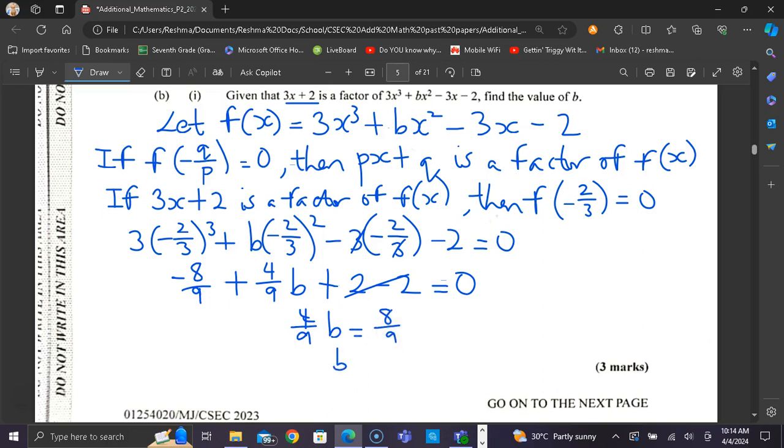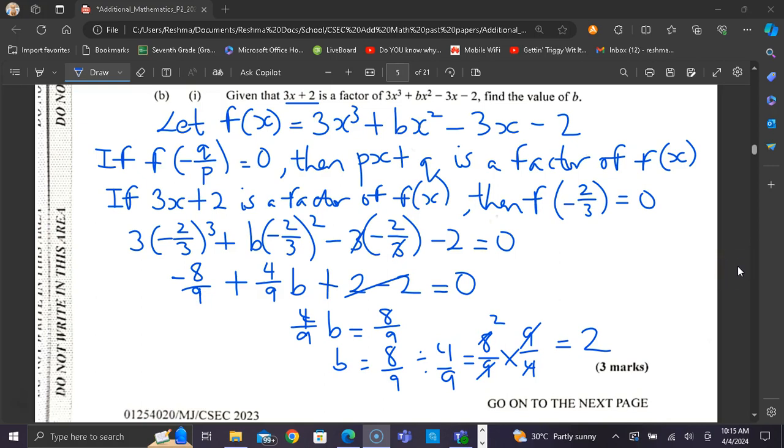And therefore, b will be equal to 8/9 divided by 4/9, which is 8/9 multiplied by 9/4. 9's cancel, 4 into 8 is 2. So therefore, we get b is equal to 2.